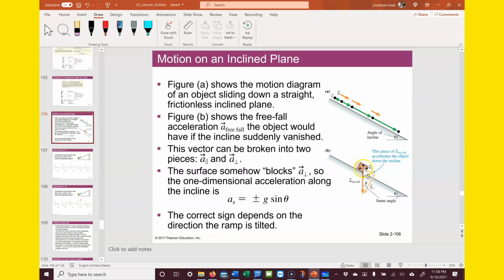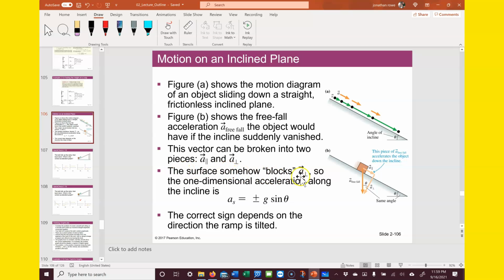So the true acceleration, the acceleration due to gravity, always points toward the center of the earth right here. But because this object is moving down this incline, not along this line, this acceleration vector is now broken up into two separate components. One component is parallel to the ramp, and the other is perpendicular to the ramp.